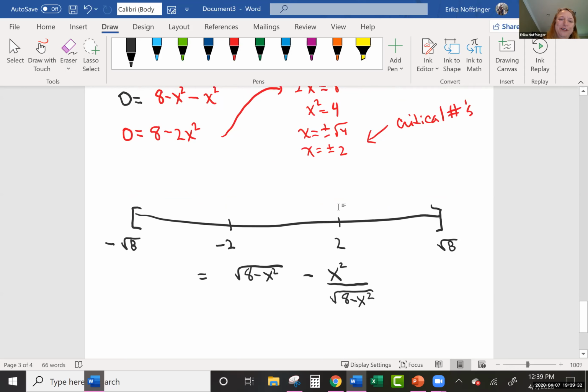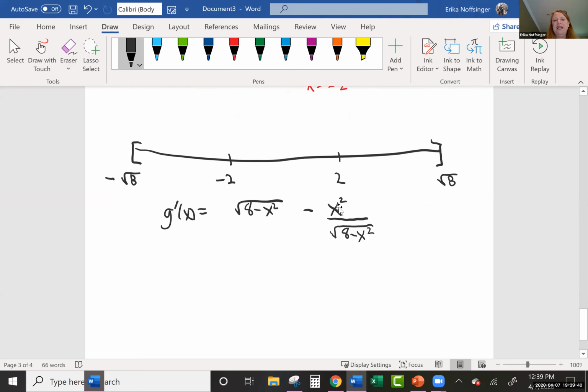So that's our derivative, test our values. Anything between negative root 8 and negative 2. So negative 3 falls in between there, does it? No, it doesn't. Let's figure out what square root of 8 is.